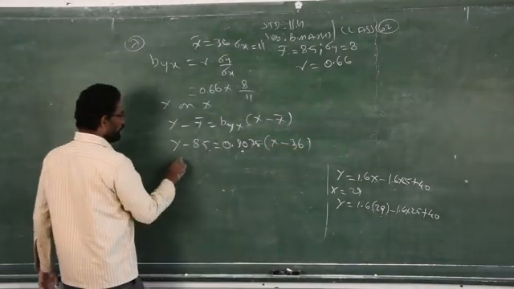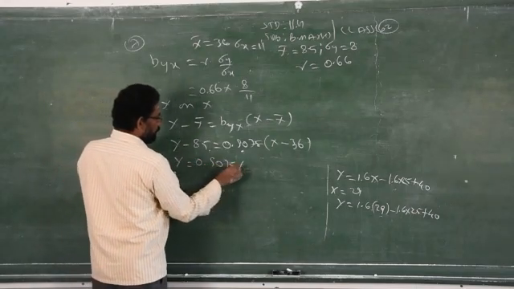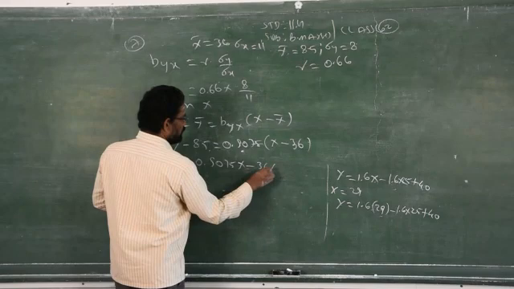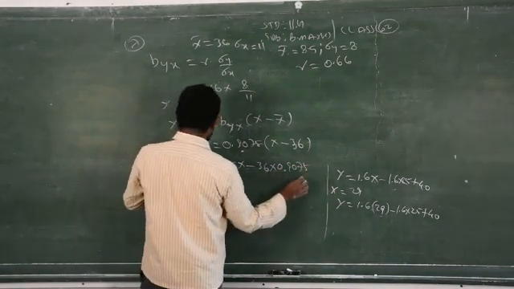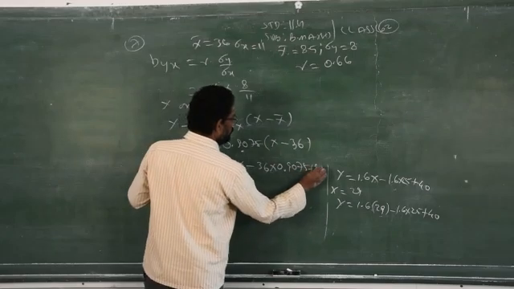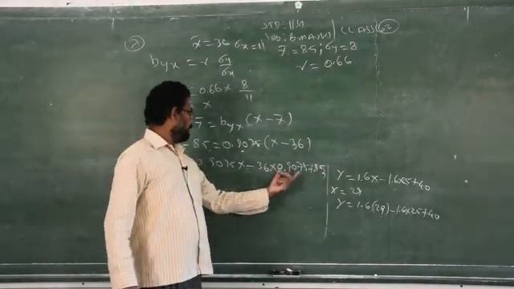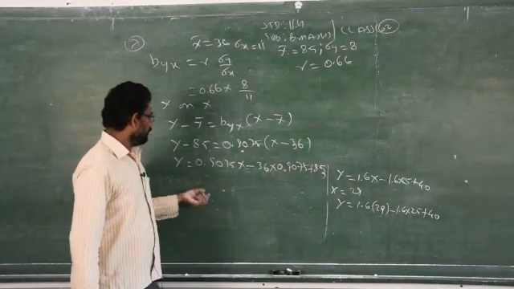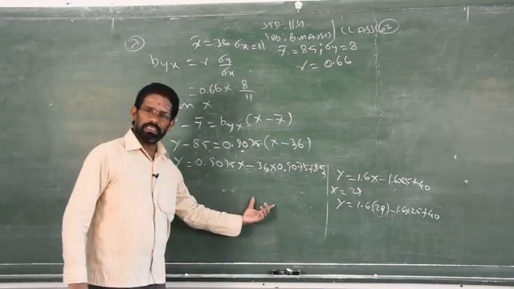So you can simplify, keep y alone on this side. X minus 36, 0.9075, this minus 85 will become plus 85. You just have to multiply and add, and you will get y is equal to 0.9075x plus some answer.